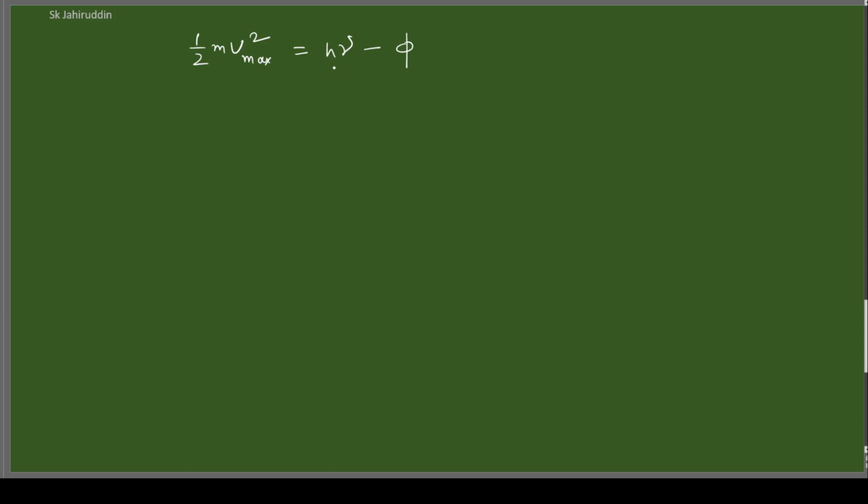One photon has h nu energy, one electron has half m v squared, maximum kinetic energy KE of the electron, equals energy of photon minus the potential barrier of the surface.